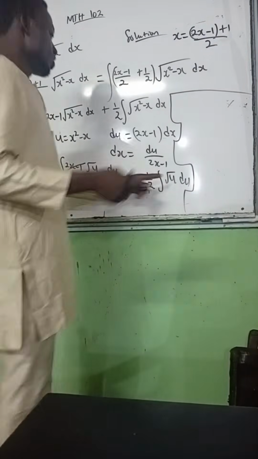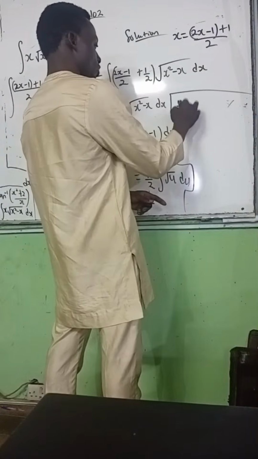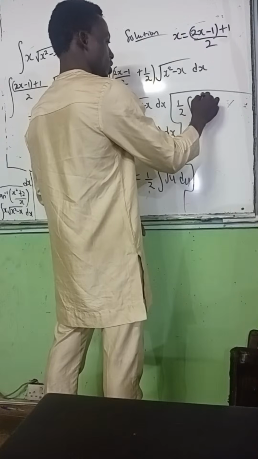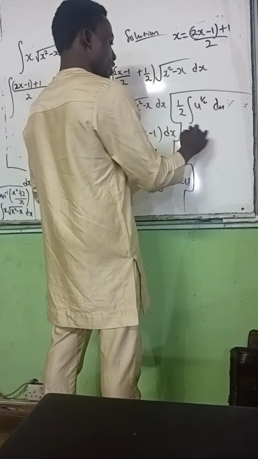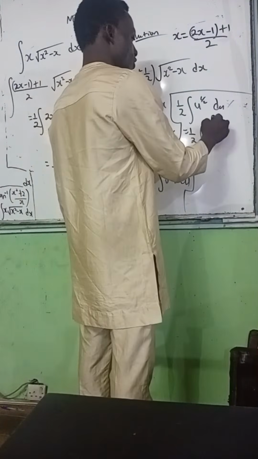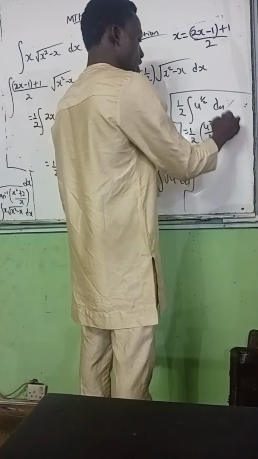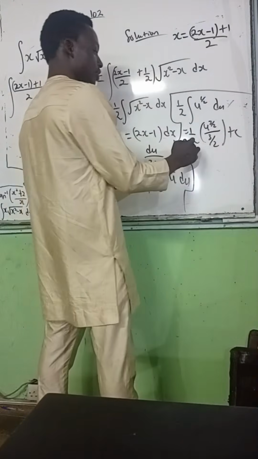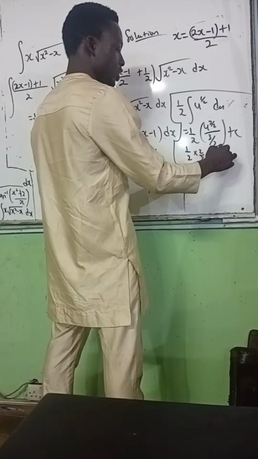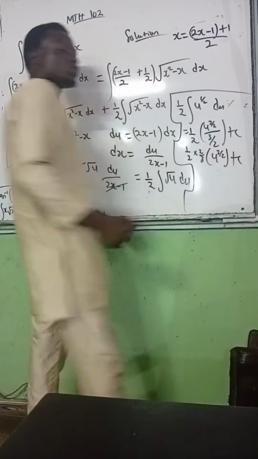Let's see how far we go. If you integrate 1 over 2 integral of u to the power half du, if you integrate u raised to the power half, you get u raised to the power 3 over 2 divided by 3 over 2, plus c. That gives us 1 over 2 times 2 over 3 u raised to the power 3 over 2. 3 over 2 changes to 2 over 3 when it's by multiplication.